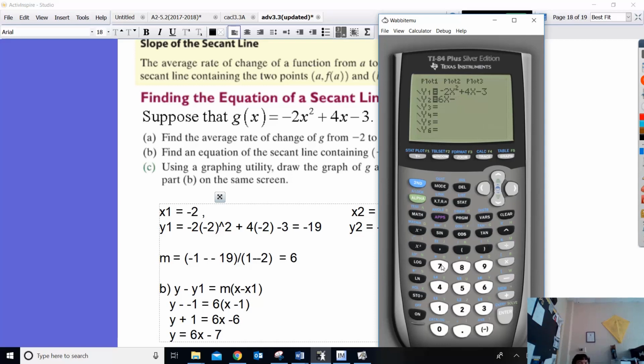Do a zoom 6, kids. Your window you just played with was negative 2 to 2. You're not going to see the whole picture, although it probably won't be too bad. We'll do a zoom 6. And everything's right. We're going to touch it twice. Of course, your window only shows once, doesn't it?